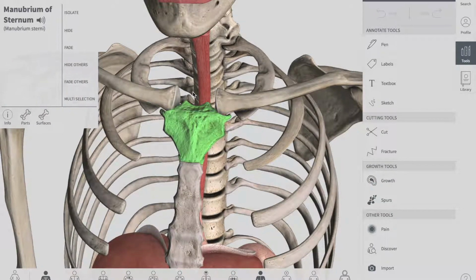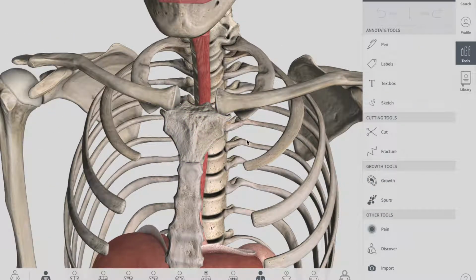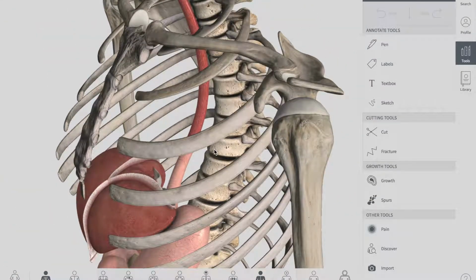So you would be saying it begins at the level of C6, on the vertebral column on the posterior side, and ends at T11.